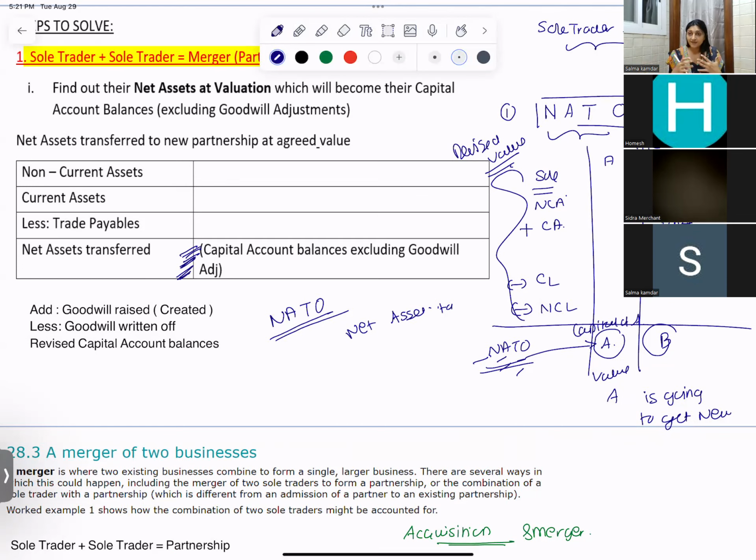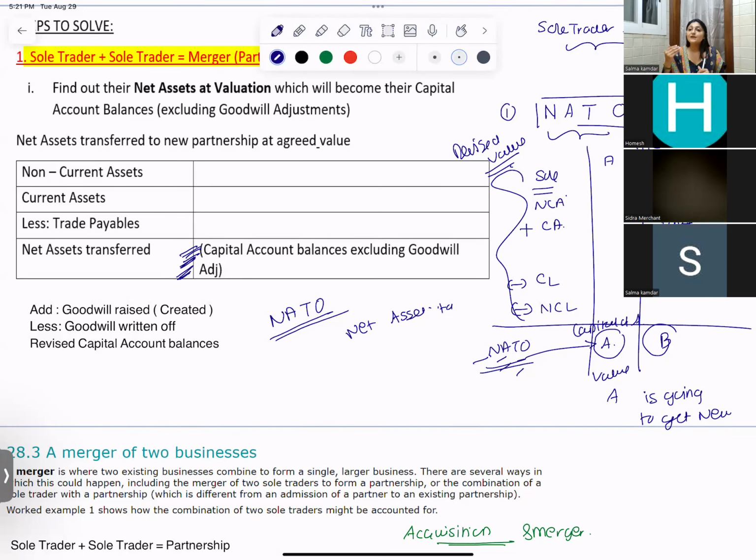Now, can I say that A can have his own set of goodwill? B can also have his own set of goodwill. So first you will find out the capital account balances excluding goodwill adjustment.